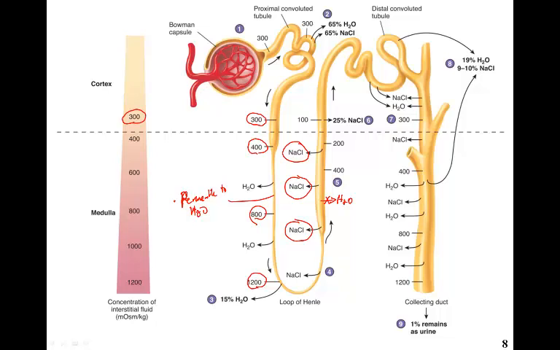Water is not allowed to go with it. Okay, and so we're going to see what this is all about and why that matters in a little bit. So that's actually quite unique, really anywhere in the body, to have no water permeability. Almost every cell in the body is permeable to water. These cells of the thick ascending loop of Henle are quite unique in that they are not permeable to water.